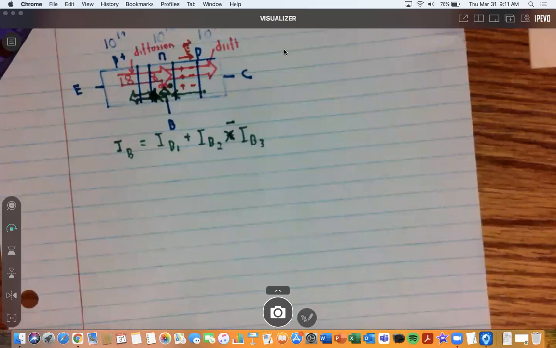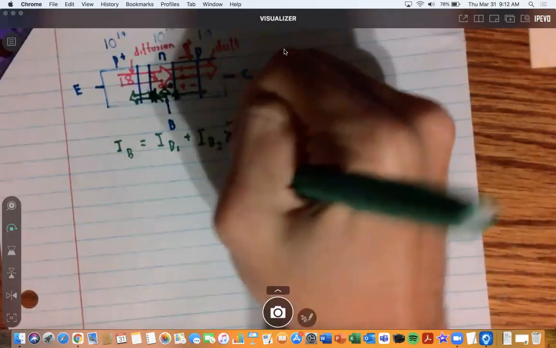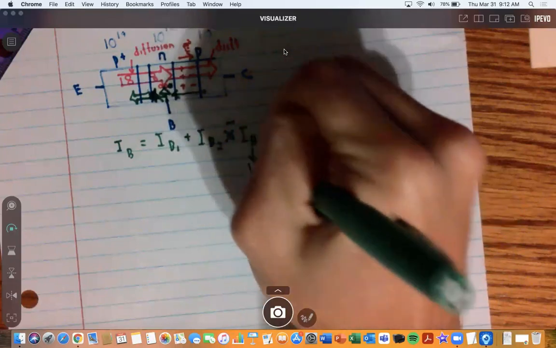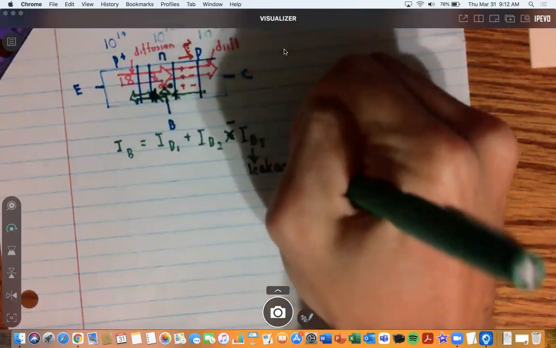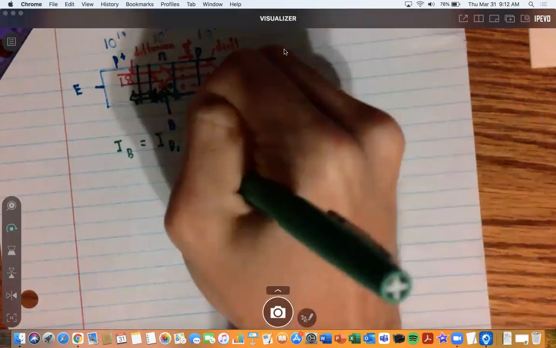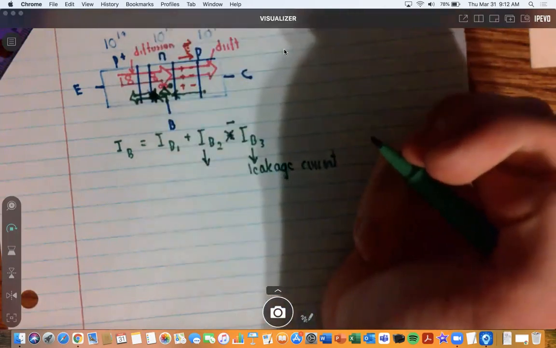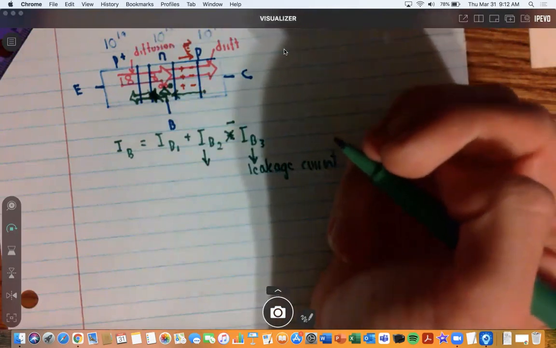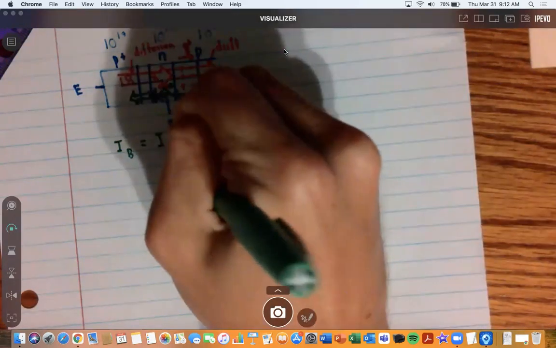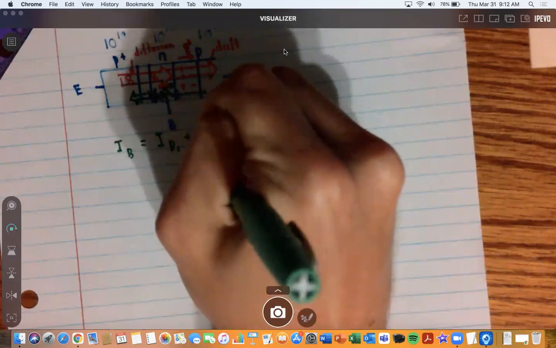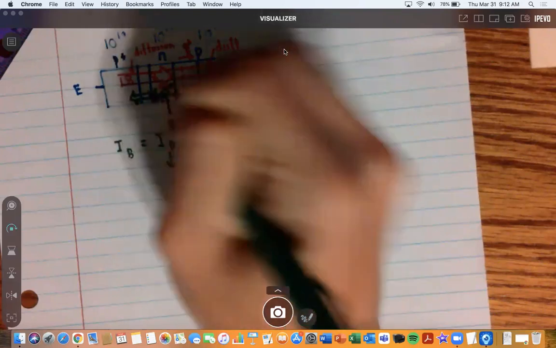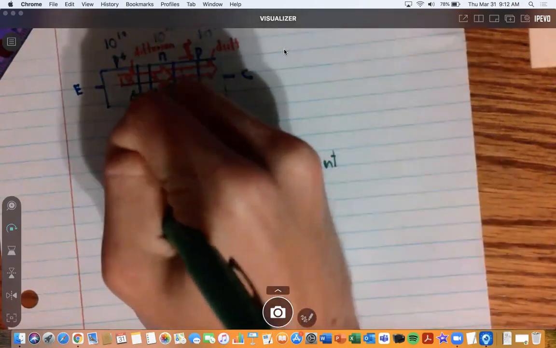And so if we're going to define each of these, this is the leakage current, as we said. IB2 is going to be our current that is due to diffusion. And IB1 is going to be our current that is due to recombination.